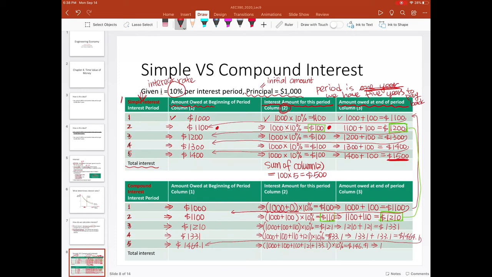All right. So now, at the end of the 5th year, how much you owe? You owe them how much you owe at the beginning of the 5th year, 1464.1, plus the interest in the 5th year, 146.41. What's that? That is 1610.51. Now, based on the compound interest, that's how much you need to pay back after 5 years.